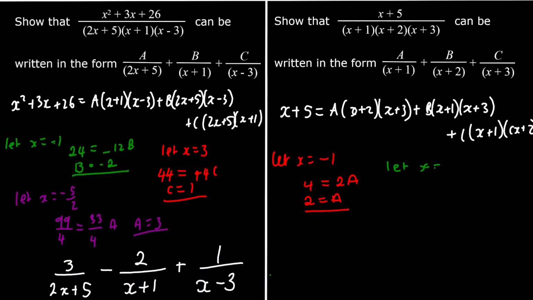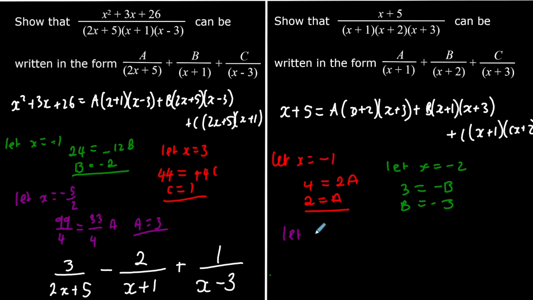Let x equal negative 2. So we'll get negative 2 plus 5, which is 3. So a and c are eliminated. So we've just got b left. Negative 2 plus 1 is negative 1. Negative 2 plus 3 is 1. That's negative 1b. B must be negative 3.